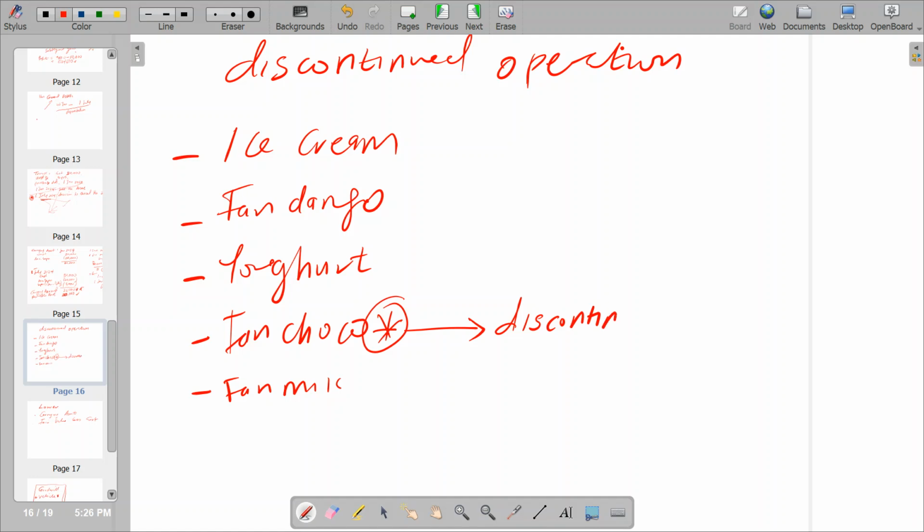It's like we are no more going to operate it. All right. So the question is, when you decide to discontinue an operation, how do you treat it in the financial statement? That is what we are going to look at.